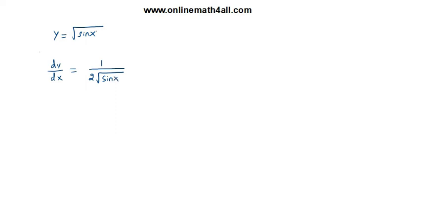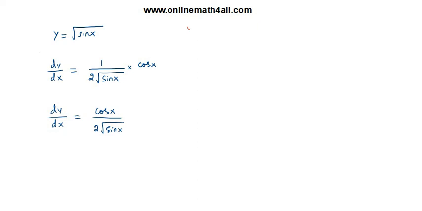So now by chain rule we have to do the further derivative of the stuff we have inside the square root, that is sin x. Now I have to find the derivative of this sin x with respect to x, that is cosine x. So dy over dx is equal to cosine x, 1 times cosine x will be cosine x over 2 times square root of sin x.